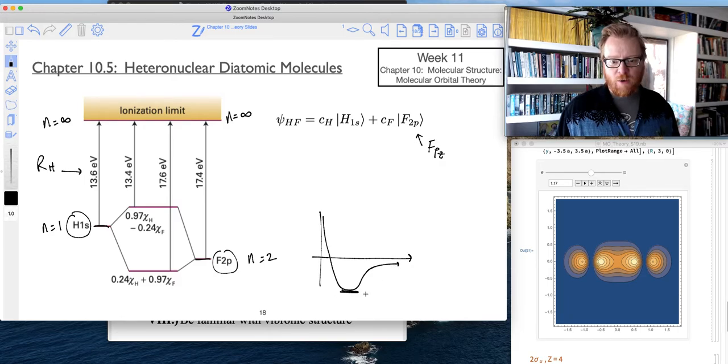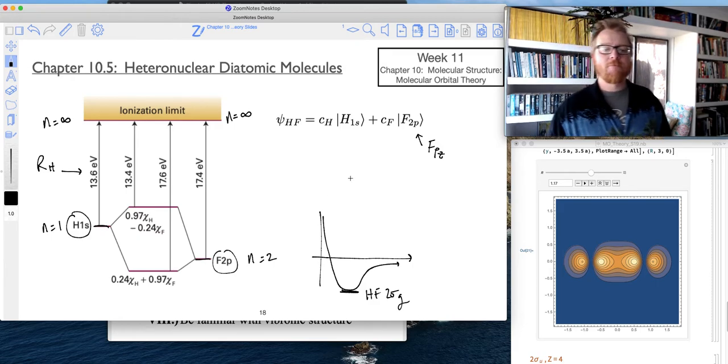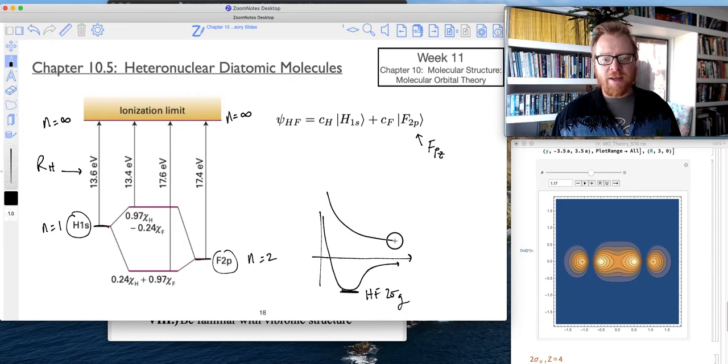Down there would be the HF 2 sigma g, and then somewhere way up here would be its anti-bonding orbital, so that would be the HF 2 sigma u.